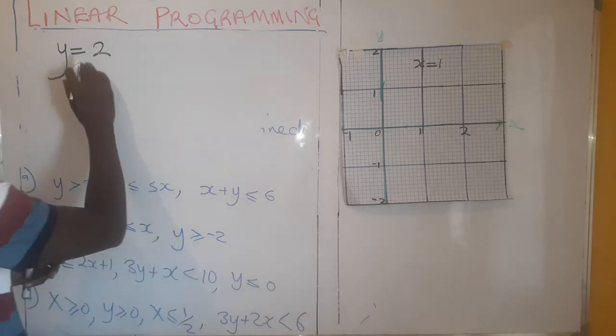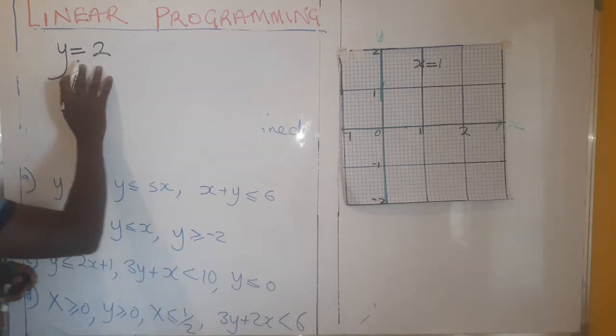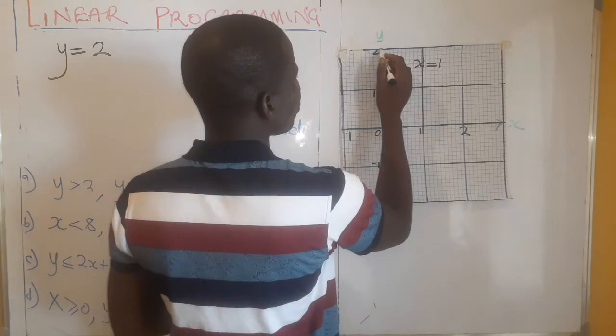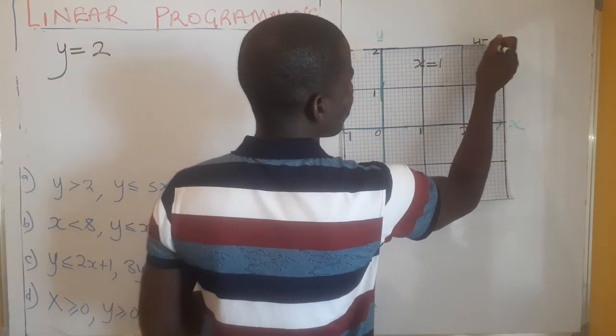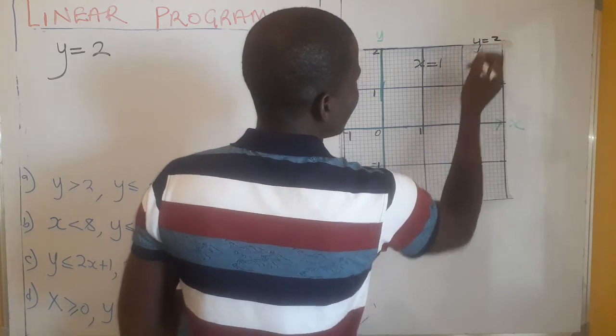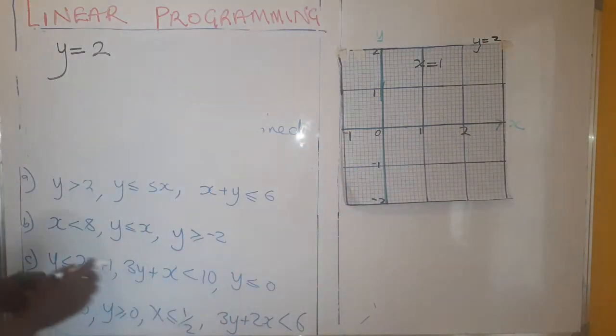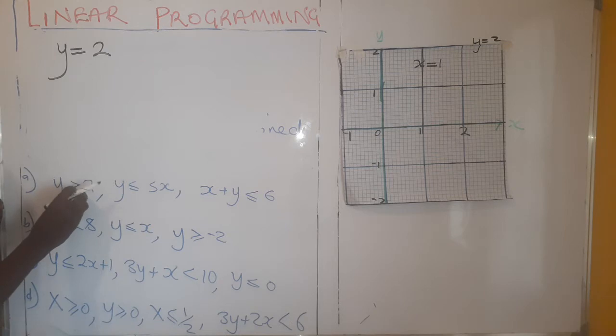So where do we have this y equals 2? This is where the equation is supposed to be. Like this, y equals 2 here. Then, when we shade, that is when we are going to apply the inequality part.